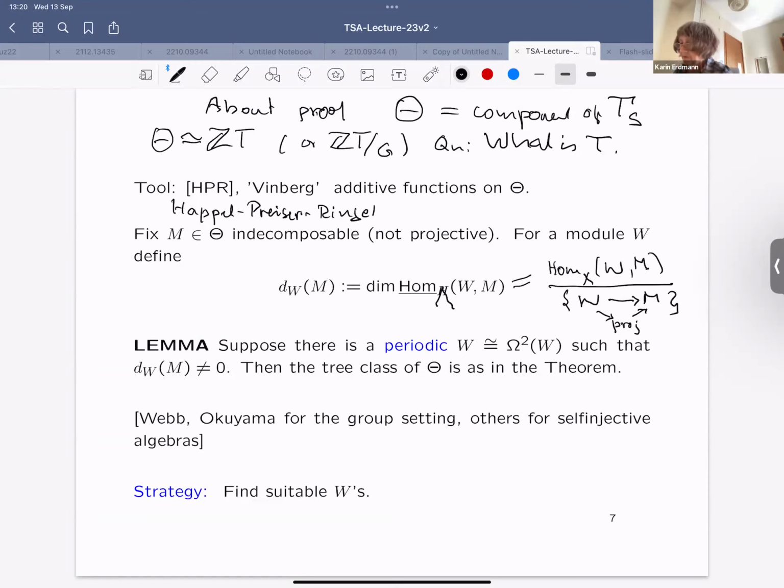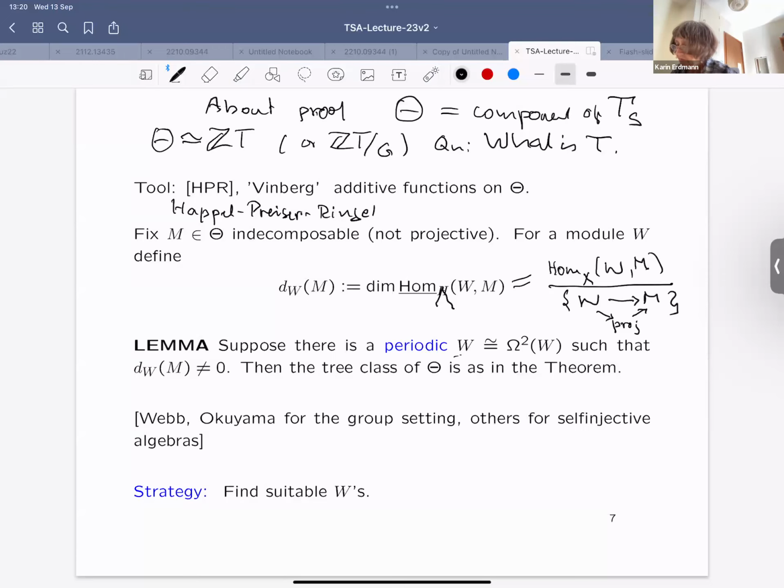So this is in the stable category. So the tool is, if you have a periodic module, so it should be omega squared W equals W, and this function is non-zero, then the tree class is as in the theorem, right?